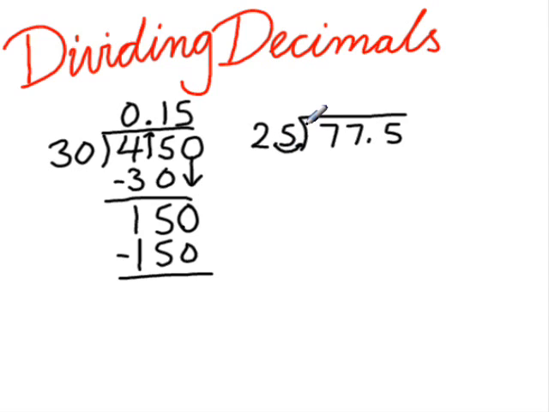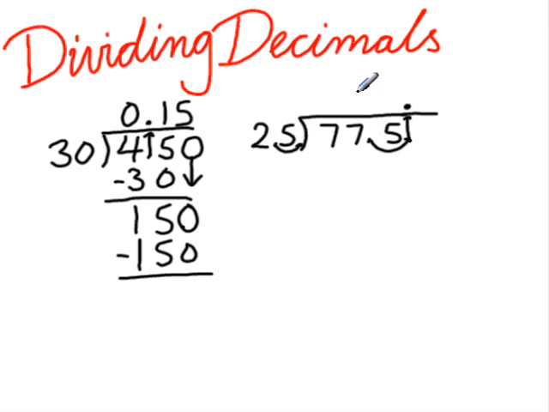And since we move the decimal point over to the right one place, we do the same thing here in the dividend. Now, since this is a whole number, we can move the decimal point in its new location up here, and it's now right there in the answer.